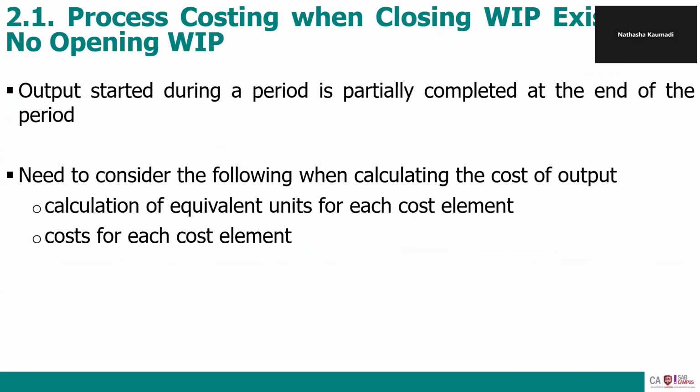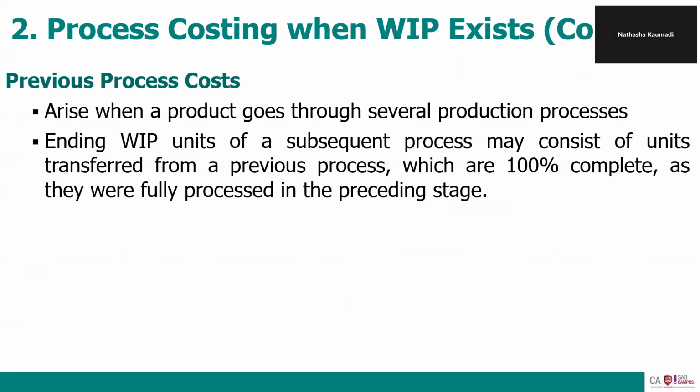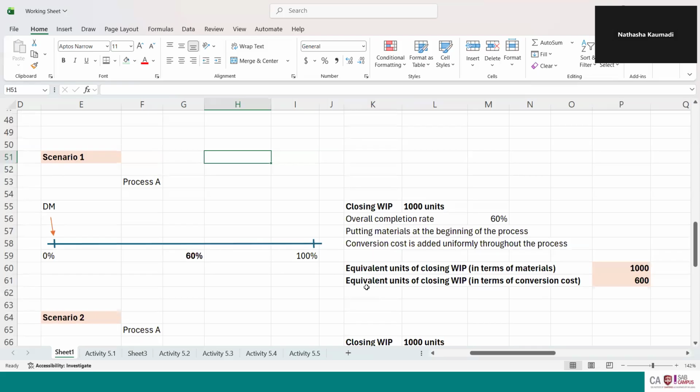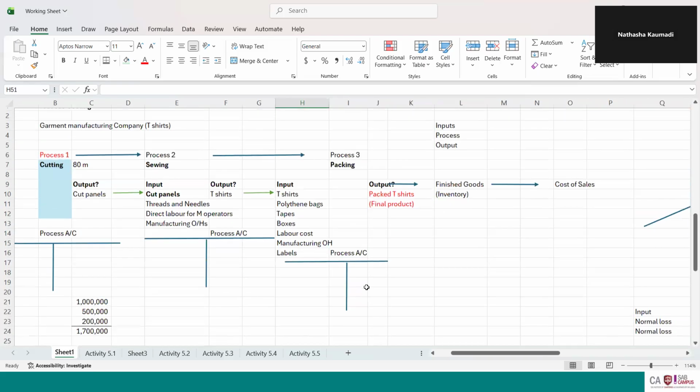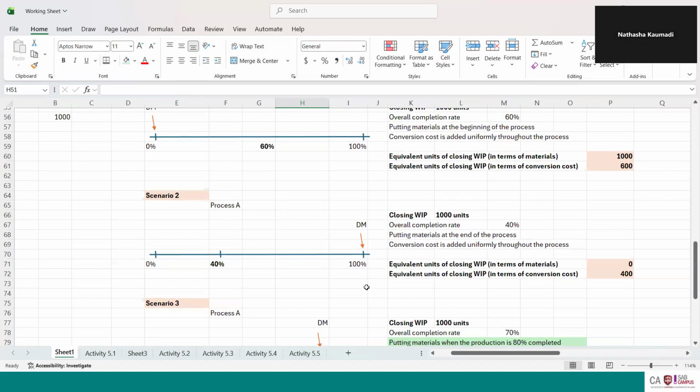I will upload a separate recording for that. So I hope you are clear. We did the 3 activities and then we explained different scenarios as well with different degrees of completion. So you can be thorough with these fundamentals, and then I will upload a separate recording for the rest of the lesson.